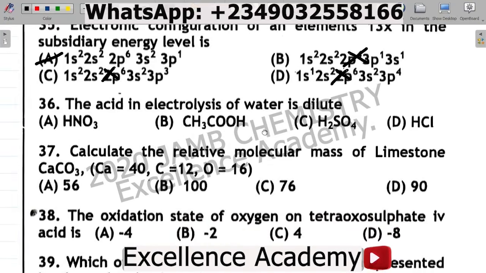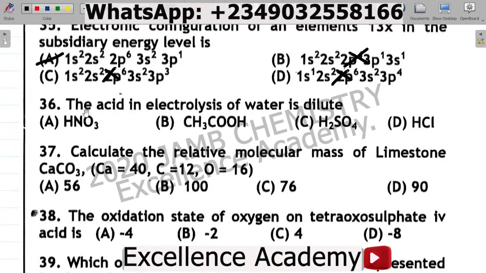Moving on, question 36 says the acid in electrolysis of water is dilute A, HNO3, hydrogen trioxonitrate 5, B, CH3COOH, that's ethanoic acid, C, H2SO4, hydrogen tetraoxosulfate 6, D, HCl, that is hydrogen chloride.